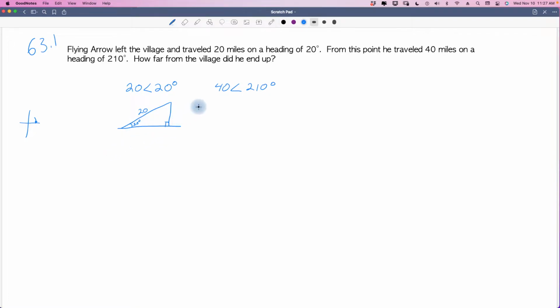What we don't know are the two legs. And we're going to label them N and E. Those two legs are what we need in order to find our location. And if you look at the map, it's almost like this is north, this is south, this is east, and this is west.